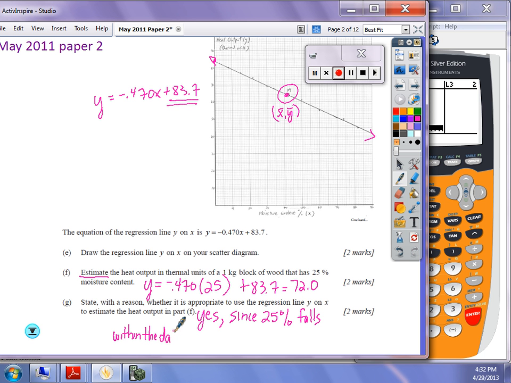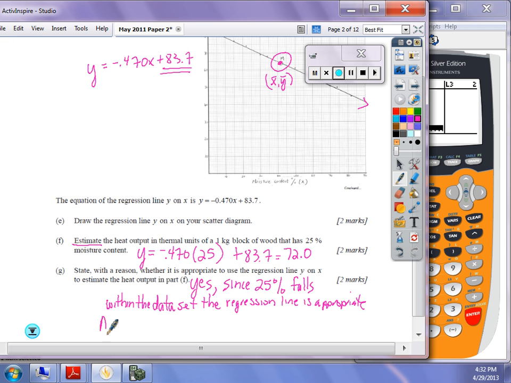I probably wouldn't write good to go. And then we're going to add something else on. We're going to say also the R value is close to -1, which also is a reason that it's appropriate to make predictions because we have this really close correlation.